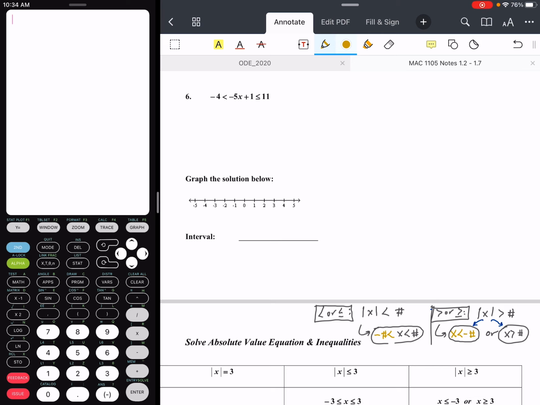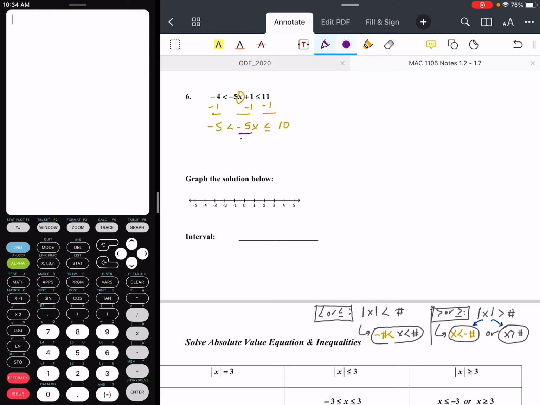All right, looking at number 6. So now we have what's called a compound inequality. And my x is here in the middle of those two inequality symbols, so I want to isolate x. So my first move to isolate x is to subtract away that 1. And notice that I'm doing this in 1, 2, 3 spots. There, and there. So I have negative 5 is less than negative 5x, less than or equal to positive 10.